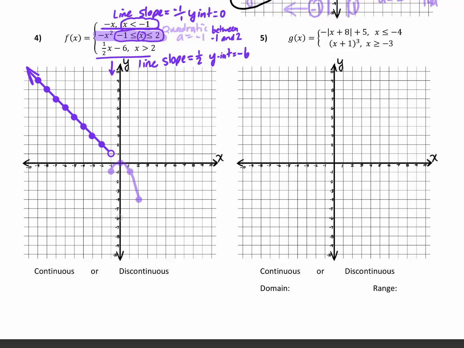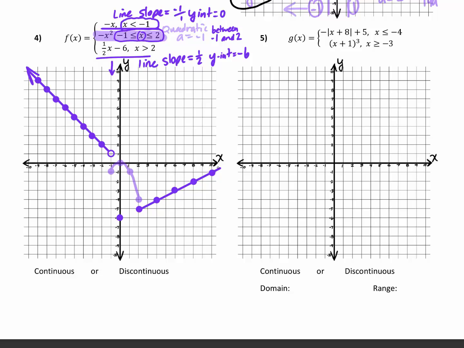So if I travel down 6, can't really put a dot here. I'll erase it in a minute. Up 1 over 2, up 1 over 2, up 1 over 2, up 1 over 2, up 1 over 2. Those all look great to me. I'm not going to connect this last dot because he gets thrown into the garbage bin.